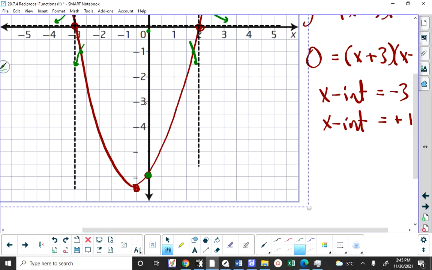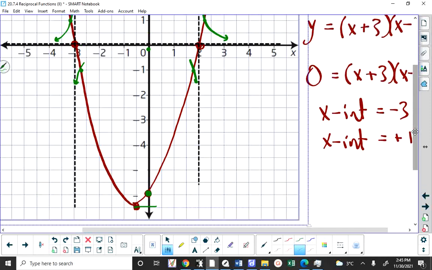If you knew this y coordinate here, maybe it's -6.5, then the reciprocal of -6.5 will be even closer to the x-axis. And all I am getting at is that at this location horizontally is where the graph has to peak, because it's the lowest point. So when you sketch this, it looks something like that.